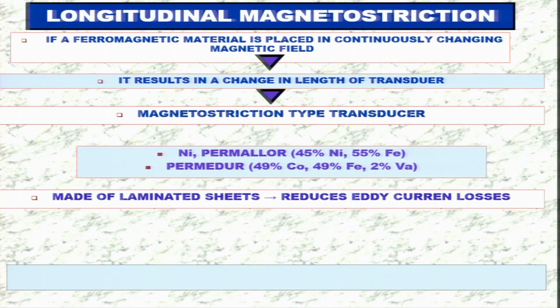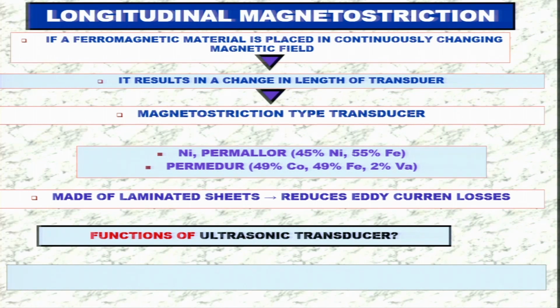The normal materials used for this purpose are nickel, permalloy, 45% nickel, 55% iron, and permendur, 49% cobalt, 49% iron, 2% vanadium. It is made of laminated sheets, which reduces eddy current losses.